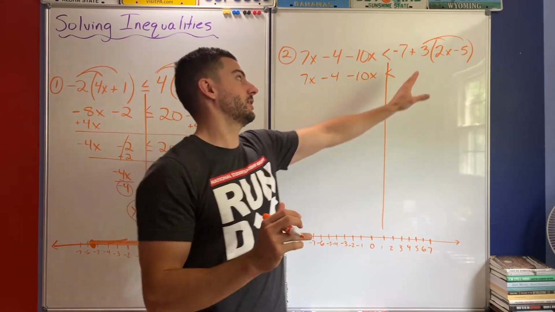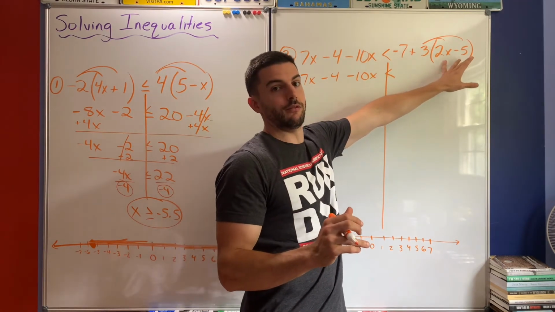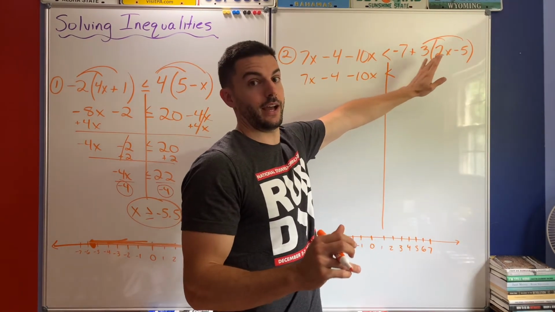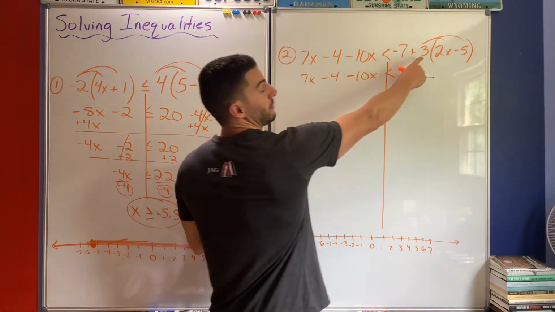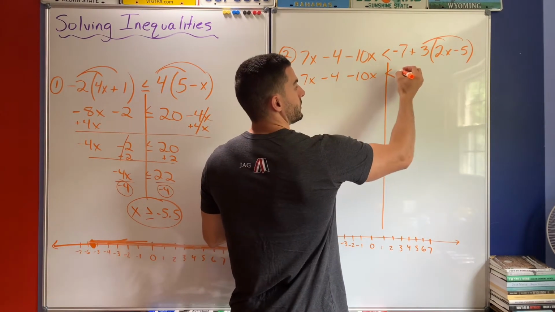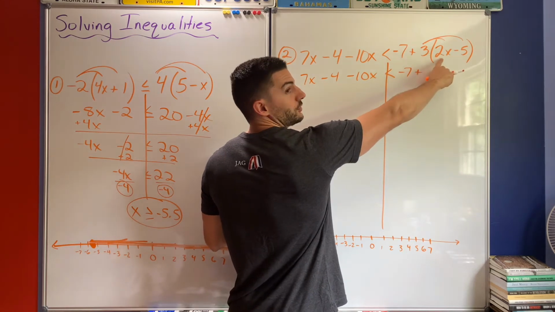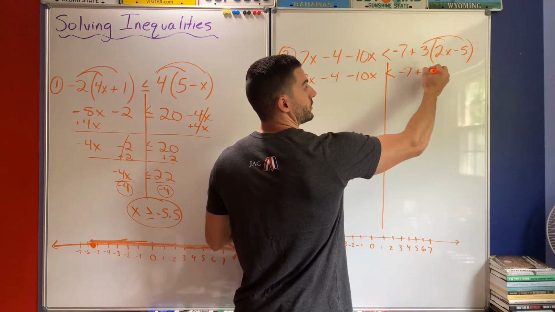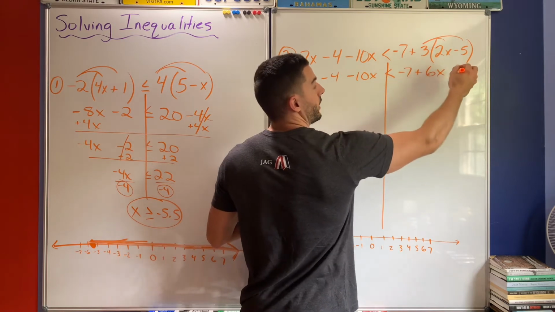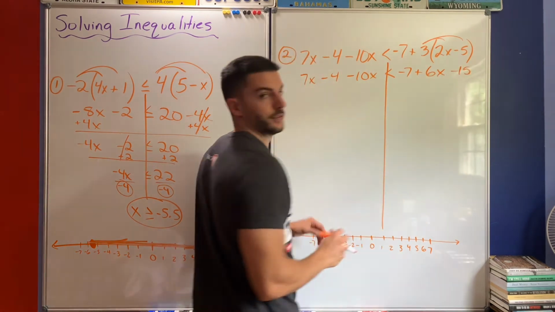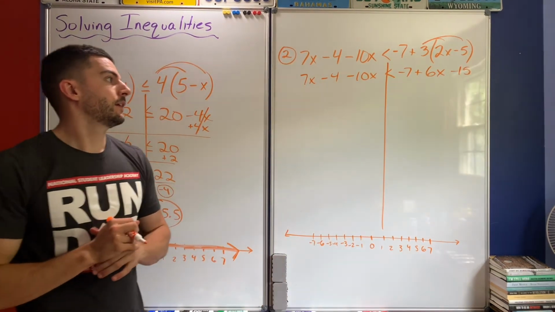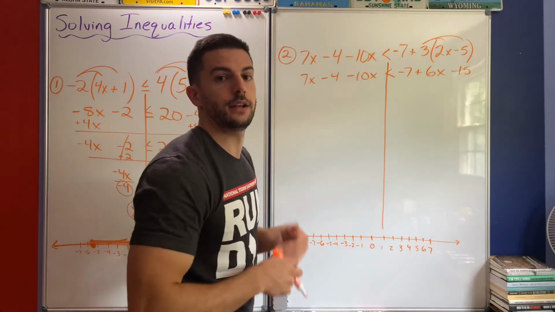Order of operations says I multiply this 3 before I would add these. Okay, so don't add negative 7 and 3 because it's being multiplied. So it stays negative 7, but it becomes 3 times 2x would be 6x, and then 3 times negative 5, negative 15. Okay? All right, so I distributed, and now I look at both sides.